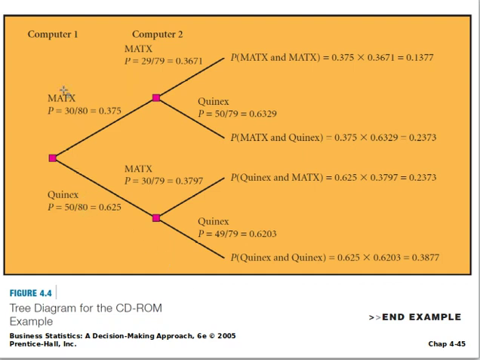For the two computers having the same QNX CD-ROM, the probability is 38.77%, which is much higher, almost three times, compared to the probability of both computers having MATX CD-ROMs. Tree diagram for the CD-ROM example.